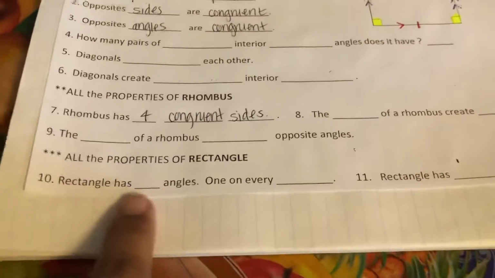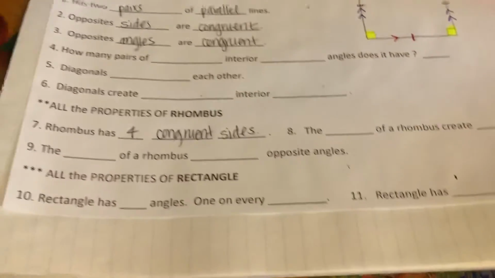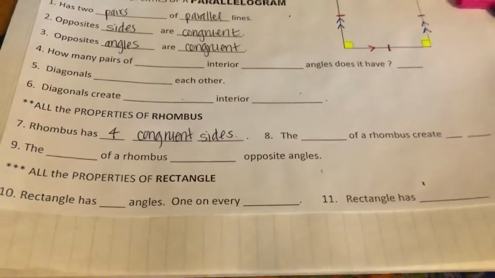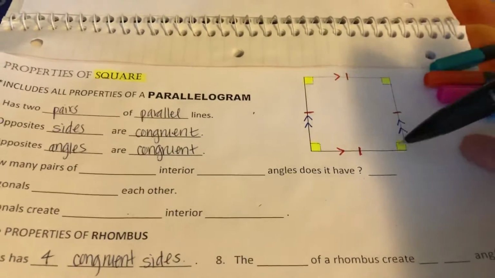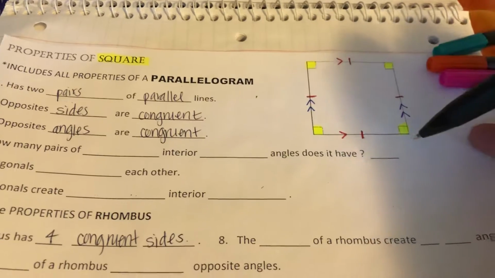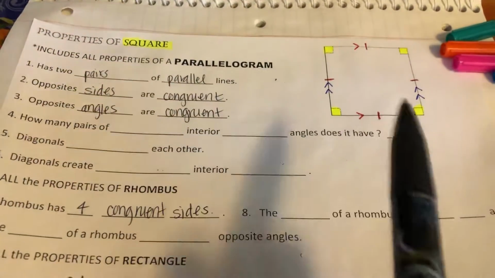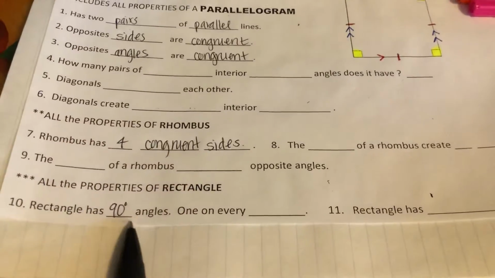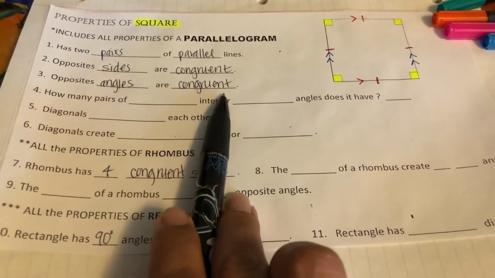Where does it get this from? It gets it from the rectangle, which has 90-degree angles. You might say, Miss Corrales, you're jumping around. Well, it's because the properties still apply. Opposite angles are congruent: 90 is congruent to 90, and 90 is congruent to 90. This is special because they are all 90-degree angles, but opposite angles are congruent still applies.